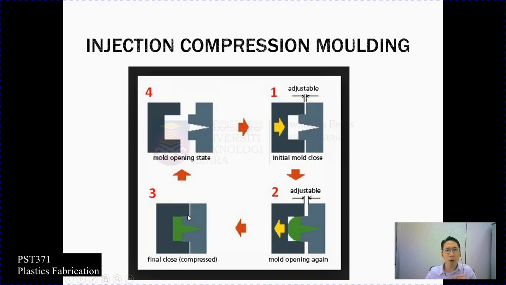Injection compression molding is usually used to produce articles or components that need denser material or high compaction. So usually you inject excessive material and then press it with high pressure to provide some compaction.